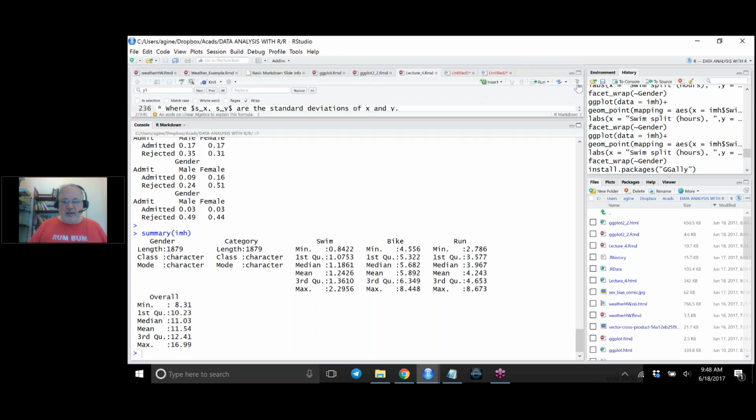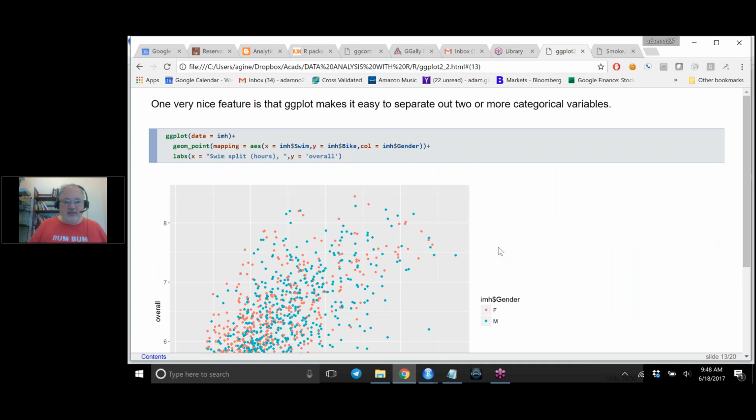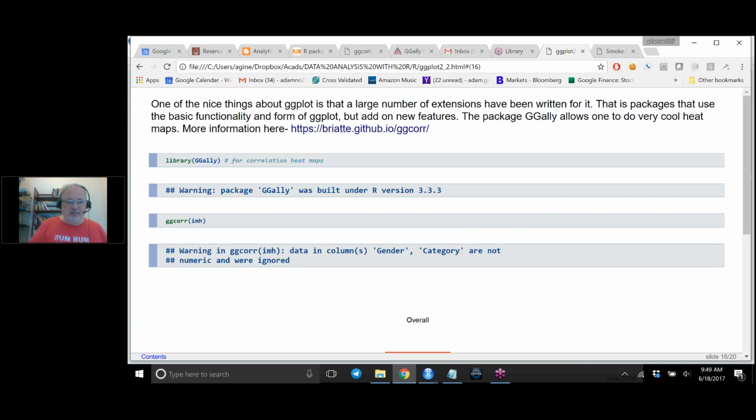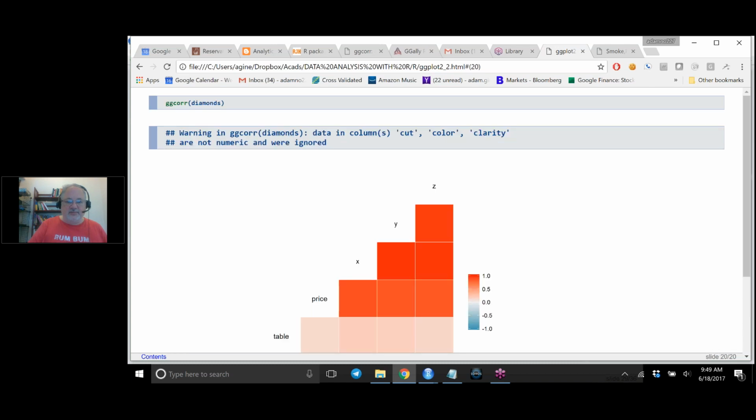But hopefully the two introductions have gotten you familiar, and I can't say enough good things about ggplot. If you just want to see a scatter plot, plot(x, y) will work just fine. But if you want to do anything fancy, if you want to make nice graphics, ggplot is really fantastic. Doing things like these heat maps is just wonderful.